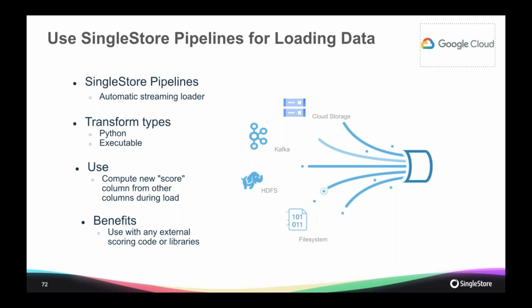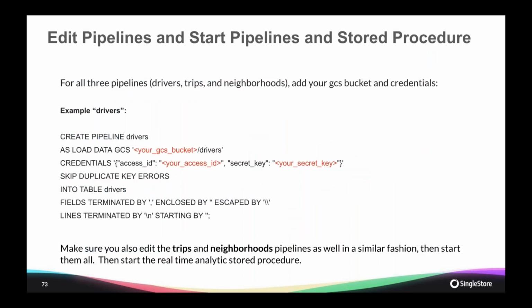We're going to be able to consume from a number of different sources, and one of them being Google Cloud Storage. What you're going to need to do, and I'll show you this in the Cloud Shell, is for each pipeline, and there's 3 of them, because you've created a bucket in step 2, you need to go in and edit the create pipeline command for drivers and trips and neighborhoods.